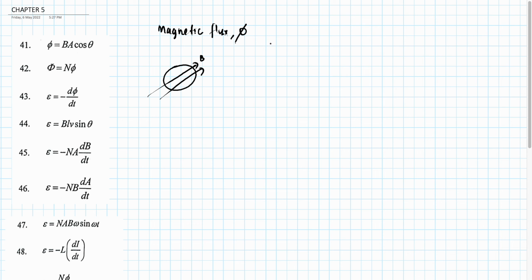That is why the formula for magnetic flux is magnetic flux equals BA cos theta, where B is your magnetic flux density, or our magnetic field.